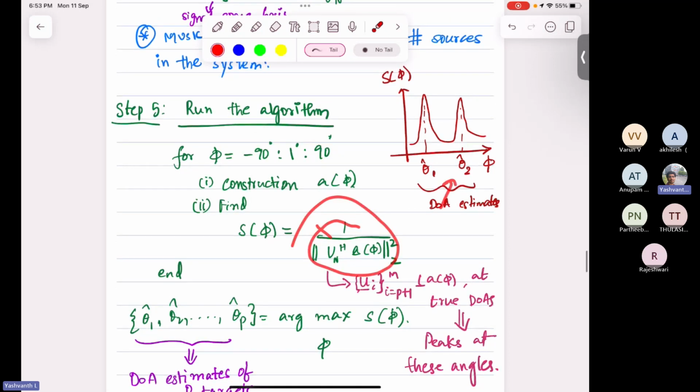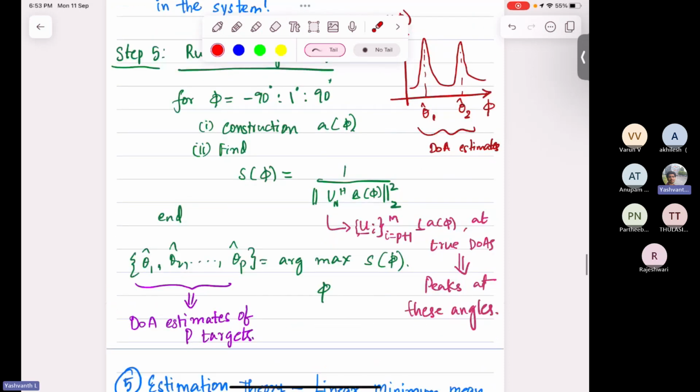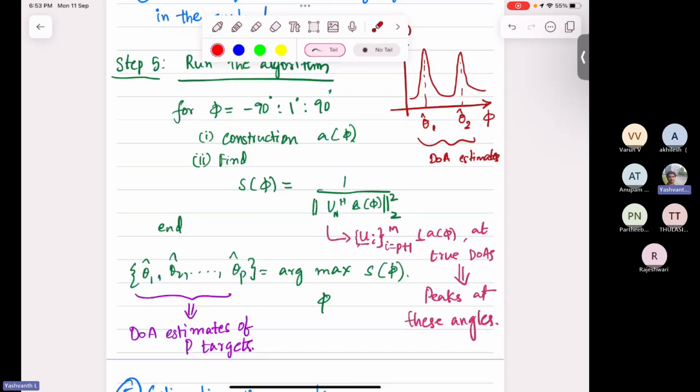You see here, I plot S of phi as a function of phi, and wherever you get a peak, call that particular angle theta 1 hat, and so on, the estimates of the DOAs. Okay, so this is called the MUSIC algorithm.